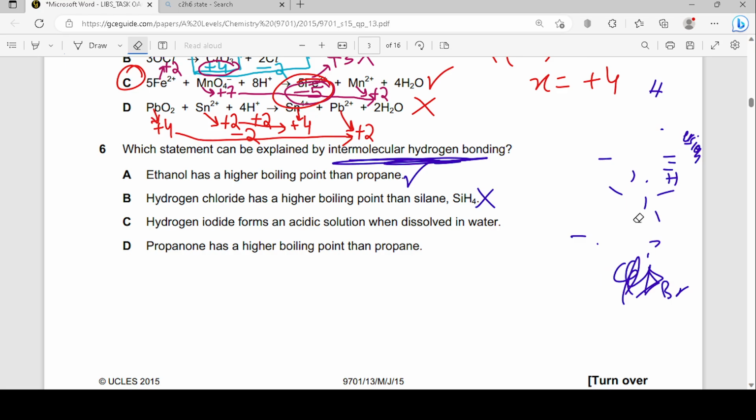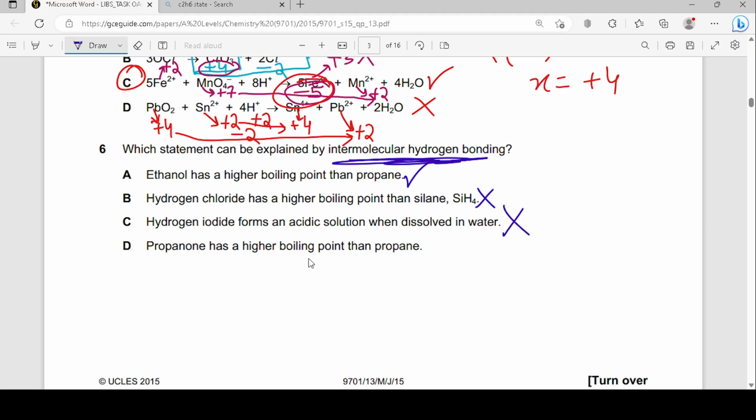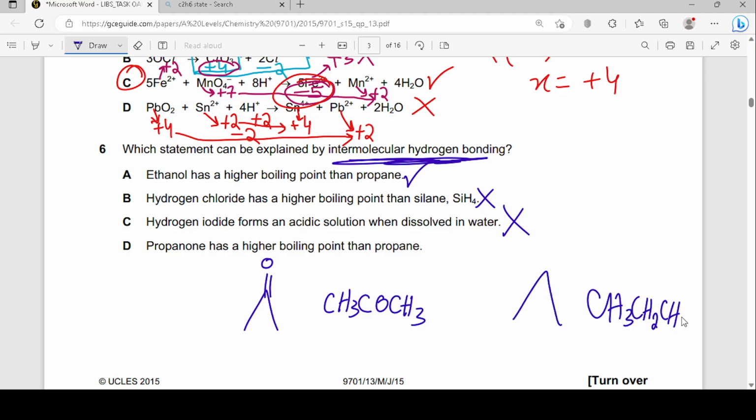Okay, let's look at option D. Propanone has a higher boiling point than propane. So what's propanone? Propanone is this molecule, CH3COCH3, right? And propane is just CH3CH2CH3, right?